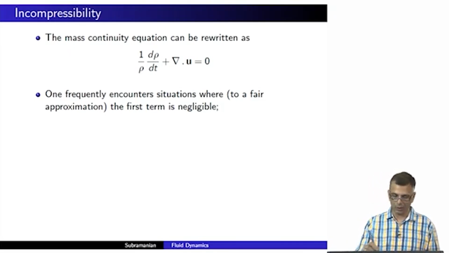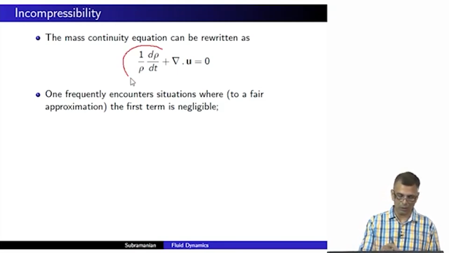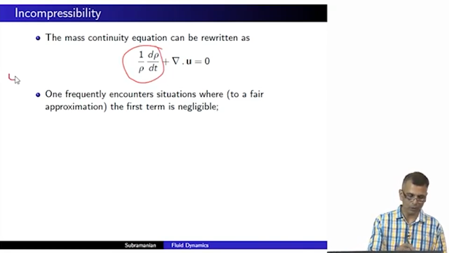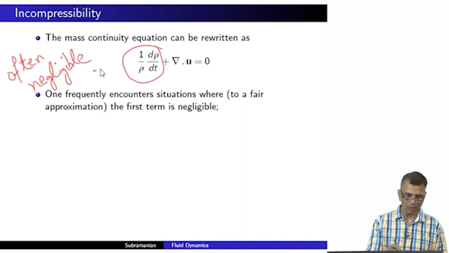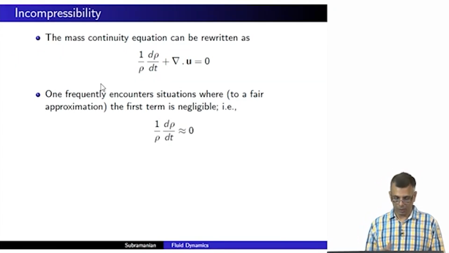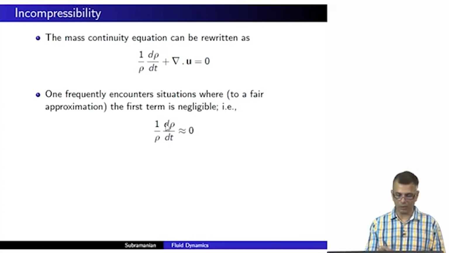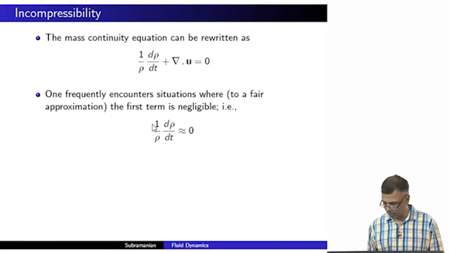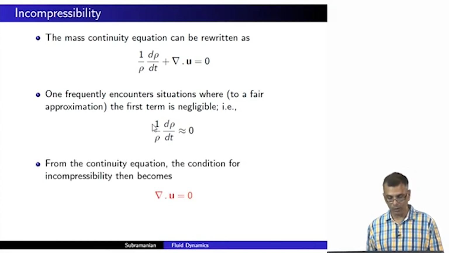In other words, this is often negligible. Okay. In which case, this is what I mean. This 1 over rho d rho dt is approximately equal to 0.